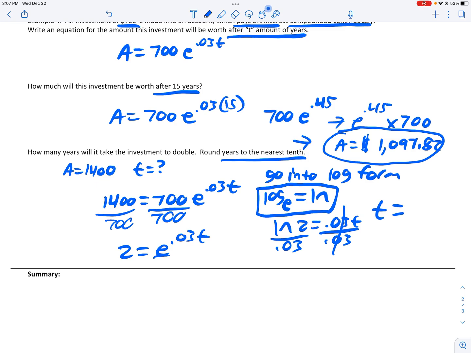So on your calculator, you would type ln of 2, divide by 0.03, and you should get about 23.1 years. So right now on your calculator, I want you to try that. Pause the video and see if you get 23.1. Do that now.